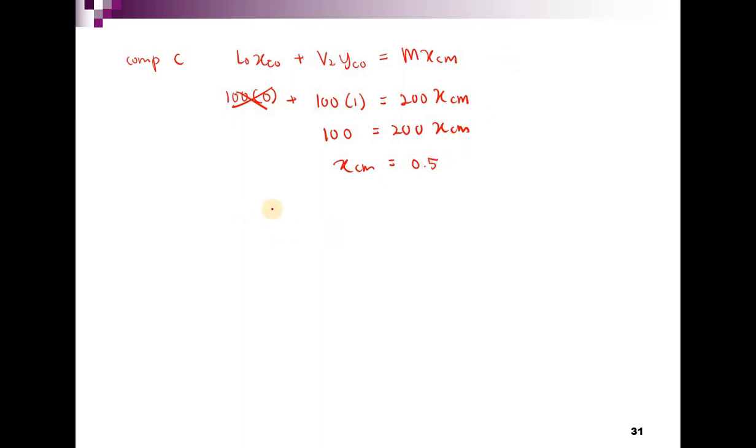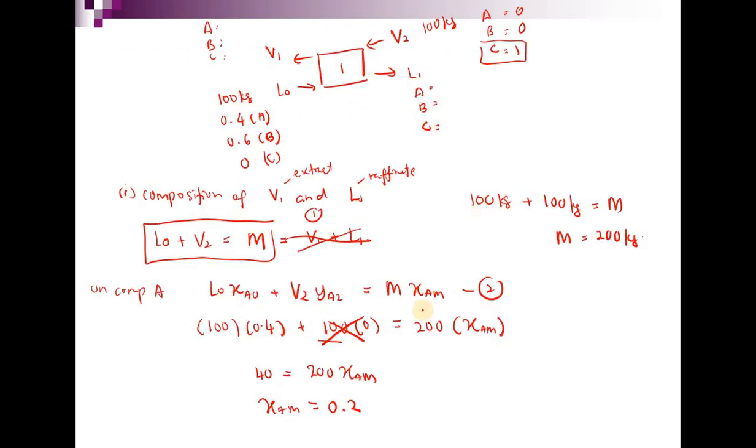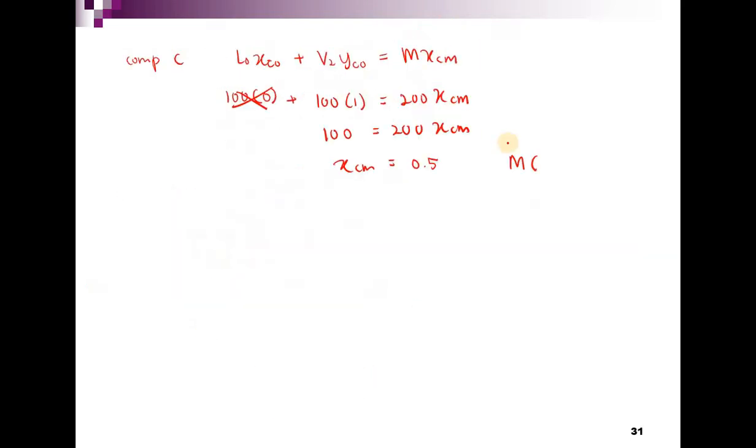Now the mixture, you have the composition of component A, which is 0.2, component B you don't know, and you have component C which is 0.5.